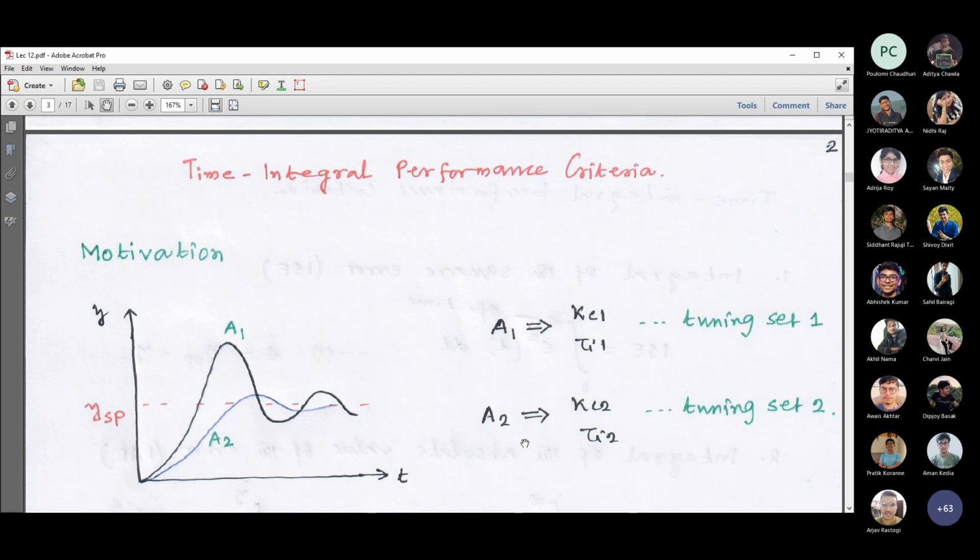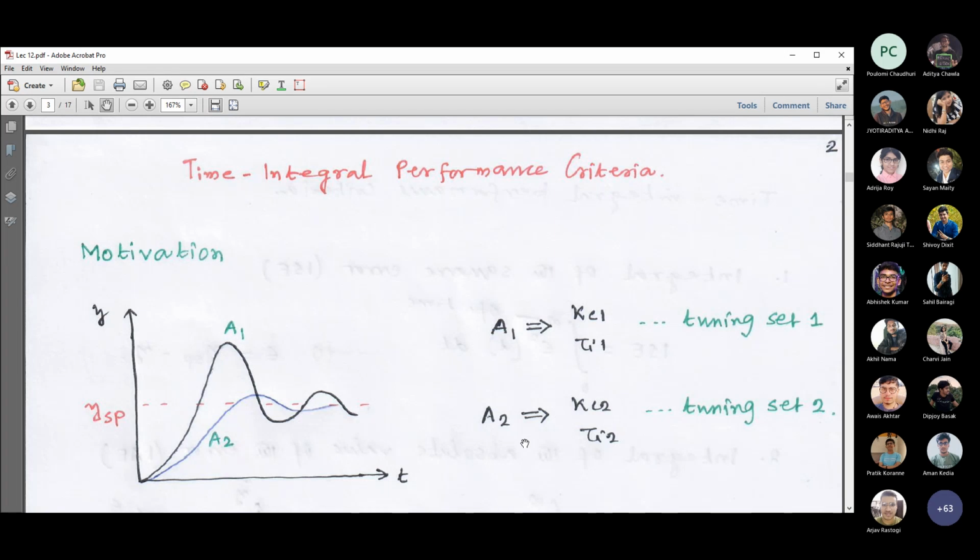You just recall the criteria, let me remind you: rise time, peak time, overshoot, decay ratio, settling time. Among these, you give the answer. In case of A1, which one is minimum? Rise time is minimum, you see.